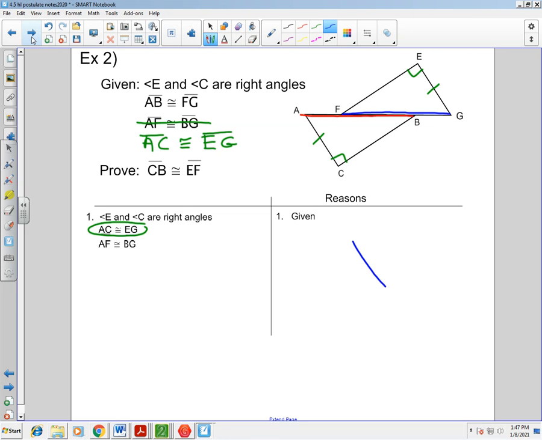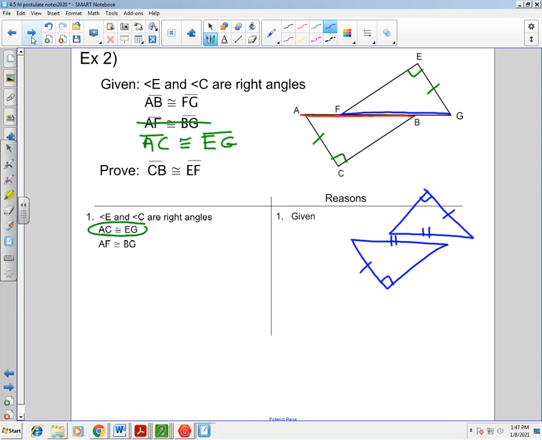So one triangle will look like this, and the other triangle on top will look like this. So we know right angles. We know this side, we know this side. And I just told you that segment AB in red is congruent to segment FG in blue. So they are also congruent.